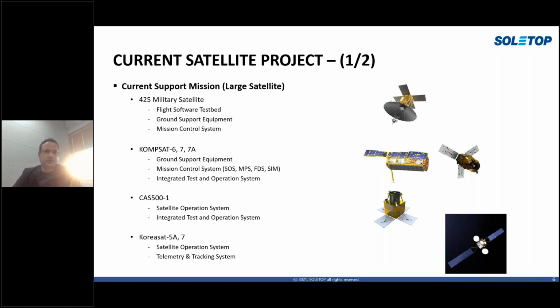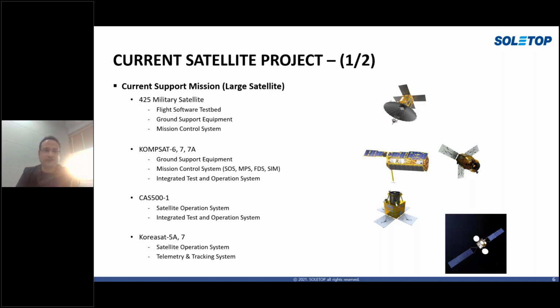So talking about what we are doing currently, specifically on the large satellite part of it, we are doing a lot of different projects. Please pardon me if I'm not sharing much of the information, because much of the data is confidential and related to government. So in that scenario, I would stick to basic information and the way we are progressing in Korea.